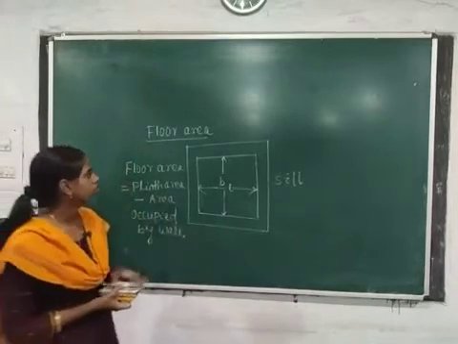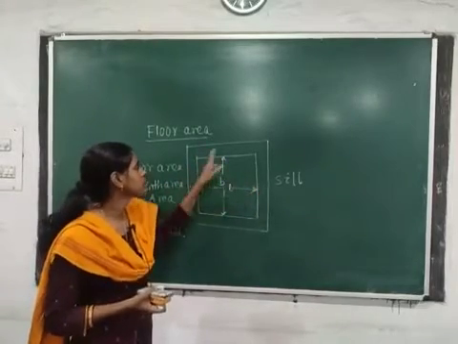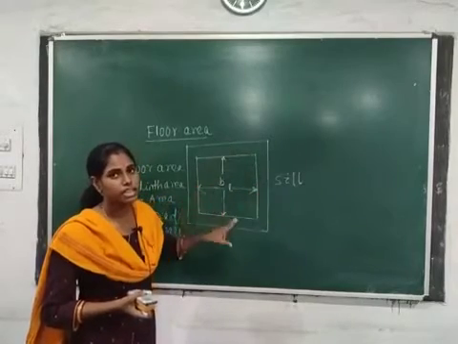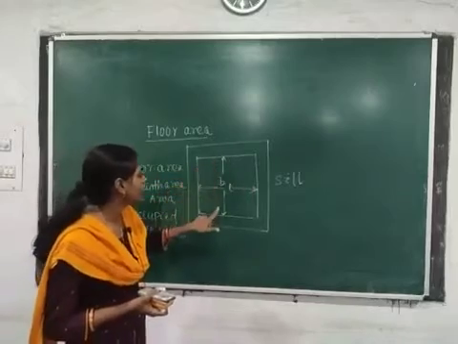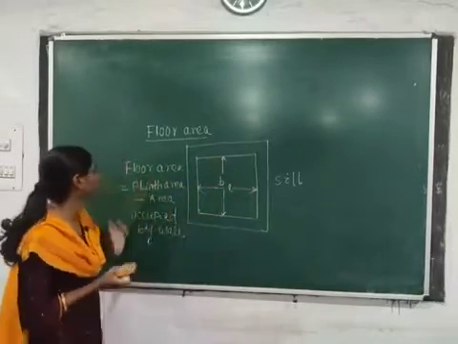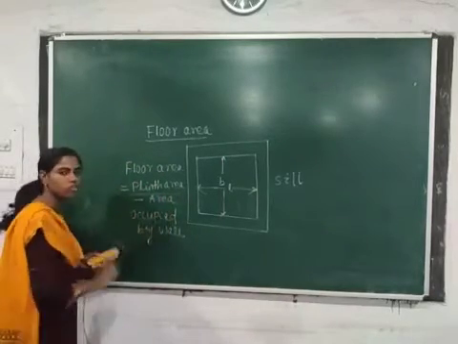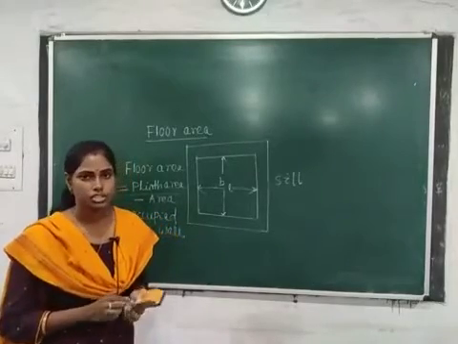As we have discussed, plinth area is calculated by taking the out to out dimension of the building at floor level, whereas floor area is the area in between the walls. So, floor area is equal to plinth area minus area occupied by walls. Next term is circulation area.